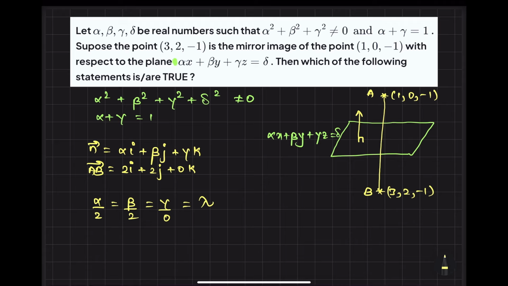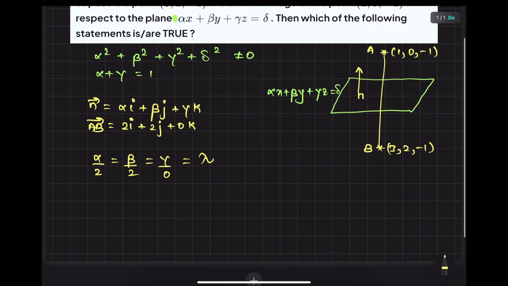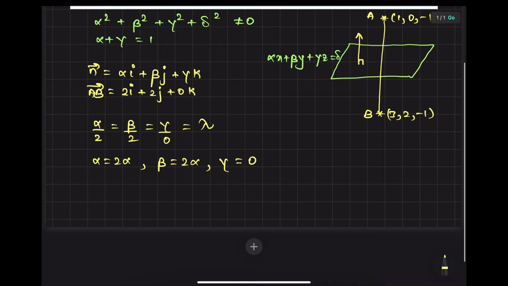Suppose you take it as lambda, so alpha becomes 2 lambda, beta becomes 2 lambda, gamma becomes 0. Suppose lambda is 1. So can I say that alpha is 2, beta is 2 and gamma is 0?